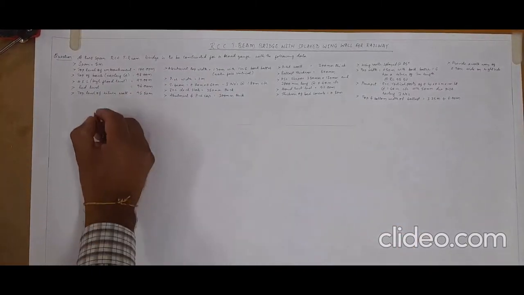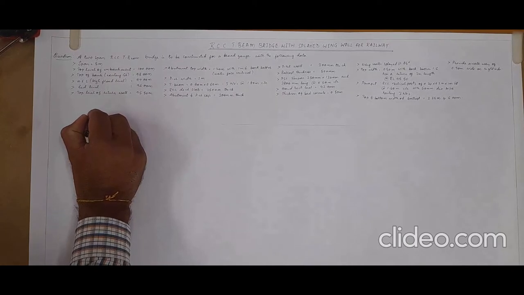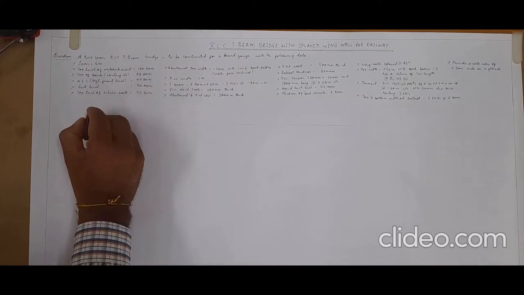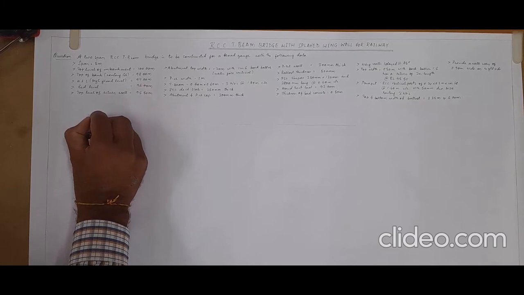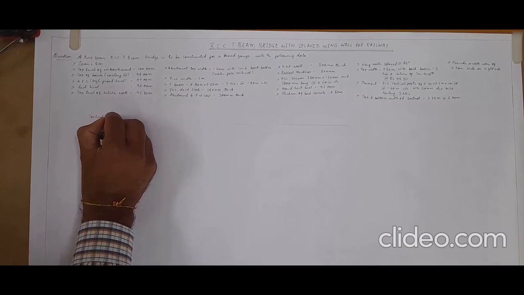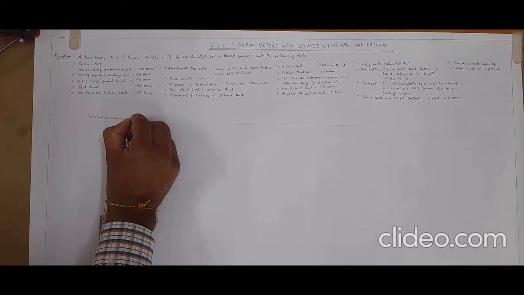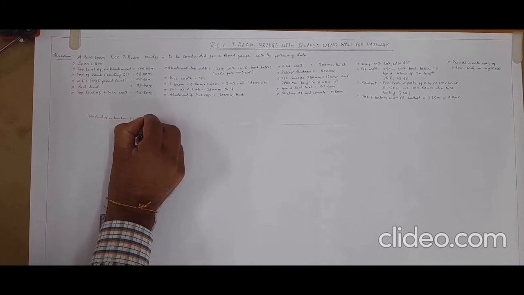Let us write here the values. Top level of embankment, the value is 100 meters.